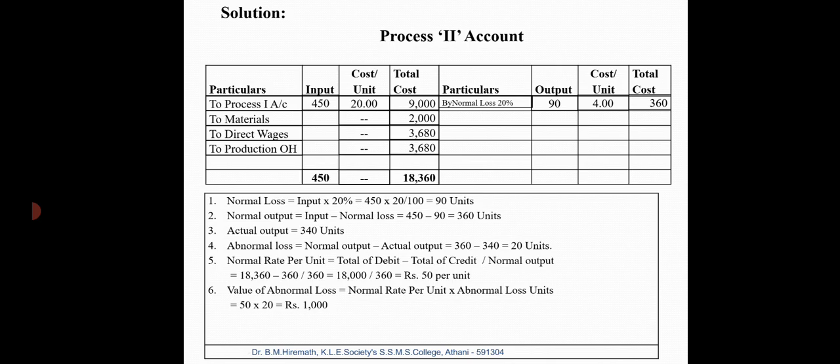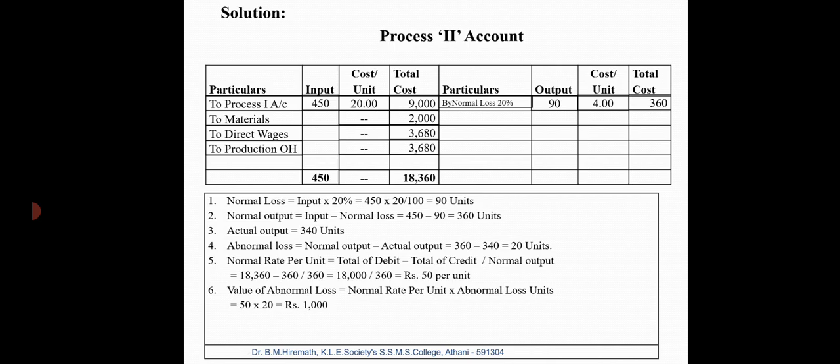So normal rate per unit is equal to, total of debit side is 18,360 minus total of credit side is 360 divided by normal output, that is 360 units. So 18,360 minus 360 is equal to 18,000 upon normal output, that is 360 units, is equal to rupees 50 per unit.